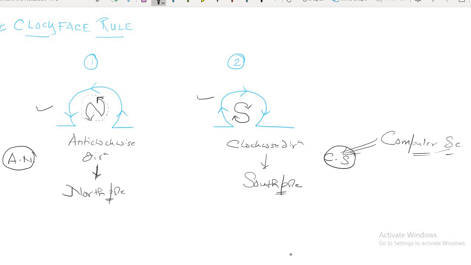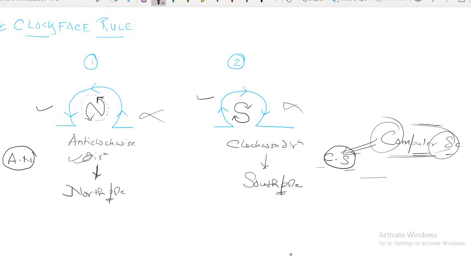Science means south pole. Remember computer science, you will never forget. No need of drawing any diagram and all. Computer science means clockwise and S for south pole. If you can remember computer science, then the other one you can write down very easily. Remember only one, the other one will come automatically.